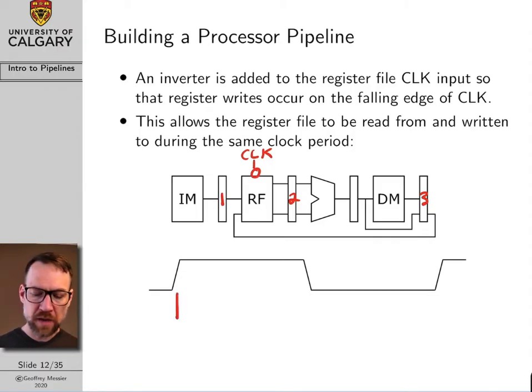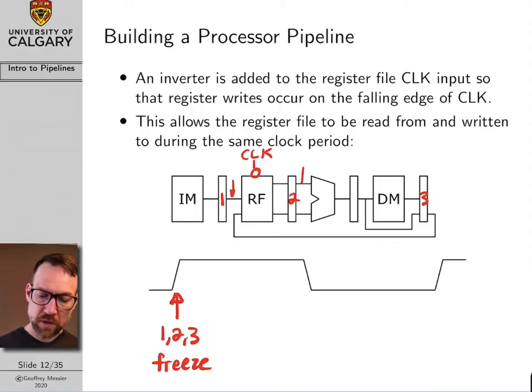Now on the rising edge of our clock, 1, 2, and 3 freeze their values, right? And so this input is stable. These outputs to the ALU are stable, and so that means we can change these input values all we want, and the ALU is not going to be affected.